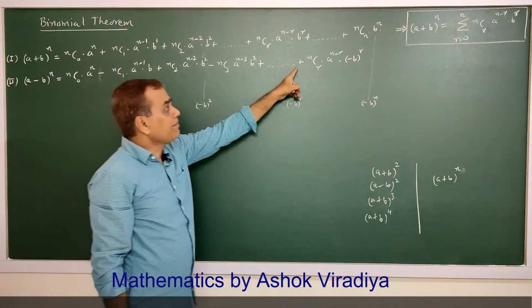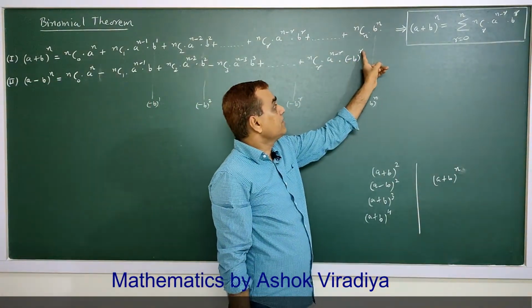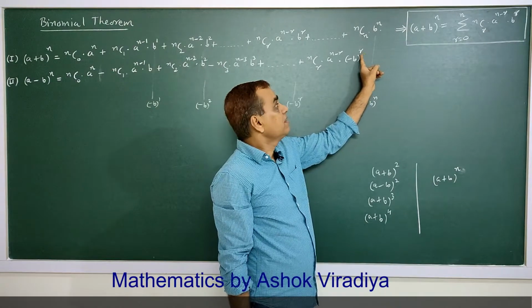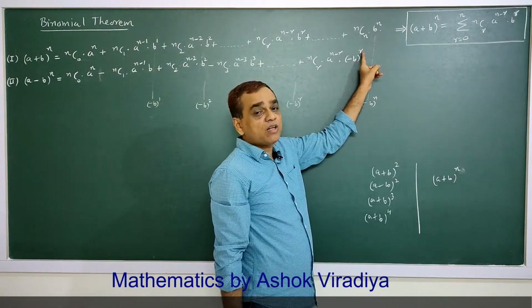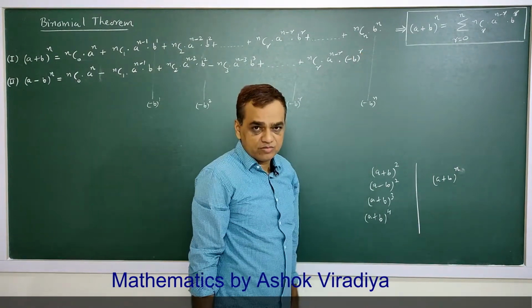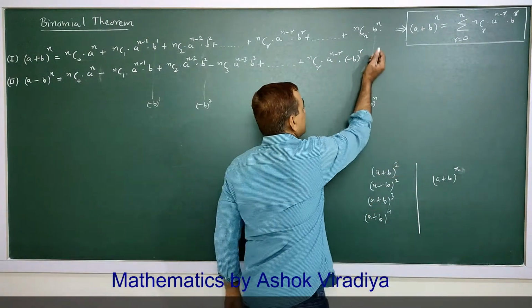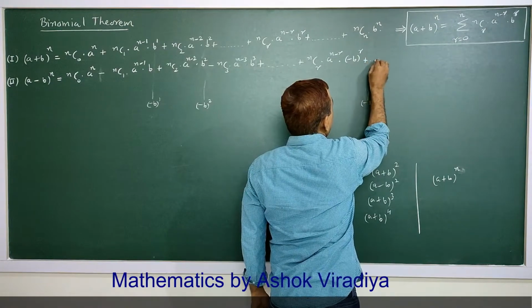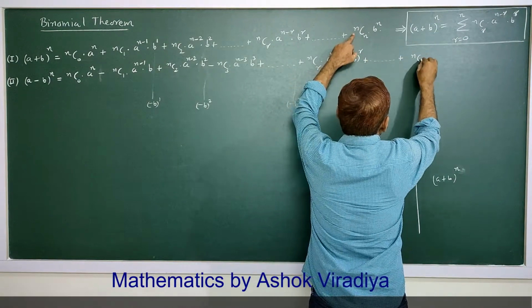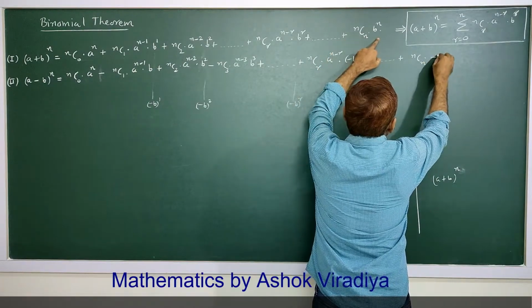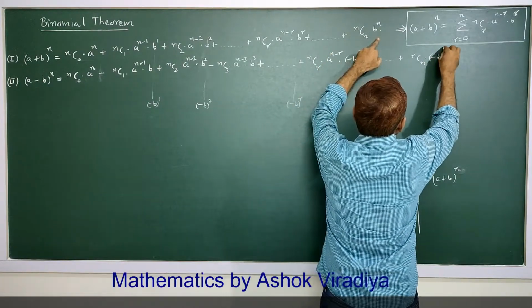So this sign depends on this power r. If r is even, this will be positive. If r is odd, this will be negative. And the last term will be nCn minus b raised to n.